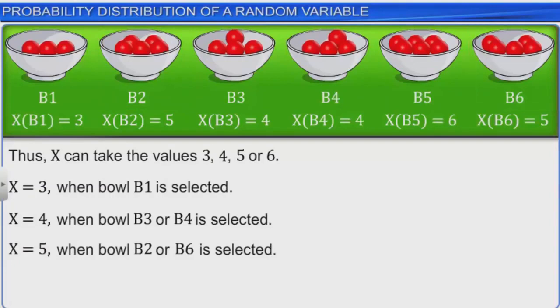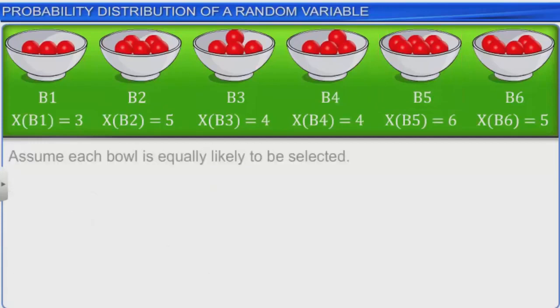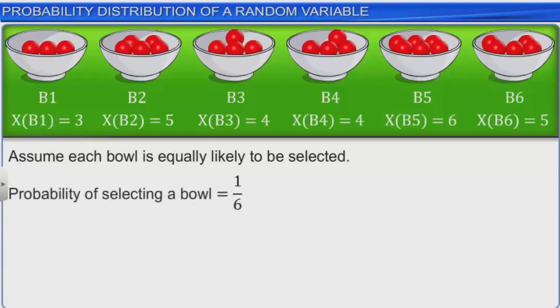X takes the value 6 when bowl B5 is selected. If we assume that each bowl is equally likely to be selected, then the probability of selecting a bowl is 1/6. That means the probability that bowl B1 is selected is 1/6.